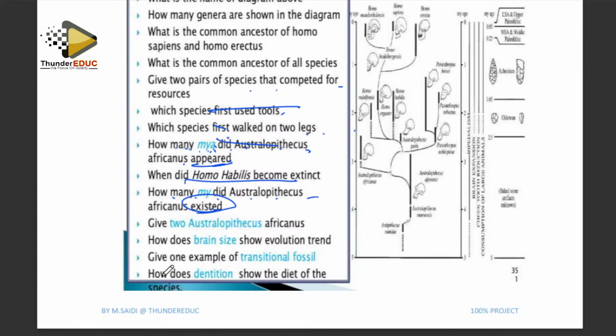If they are linking it maybe to the tools, this gives the organisms more intelligence to modify the tools. How is the brain size linked to intelligence or leads to the evolution of the tools? So we see it, right?